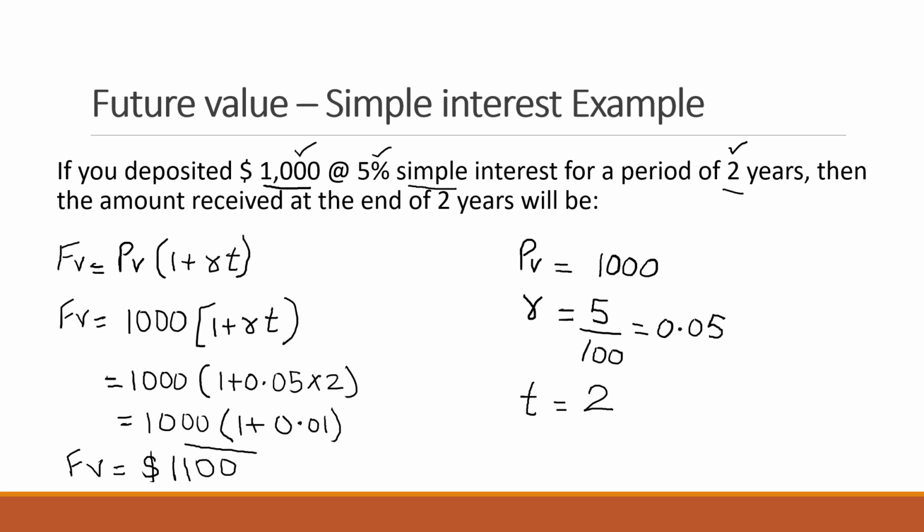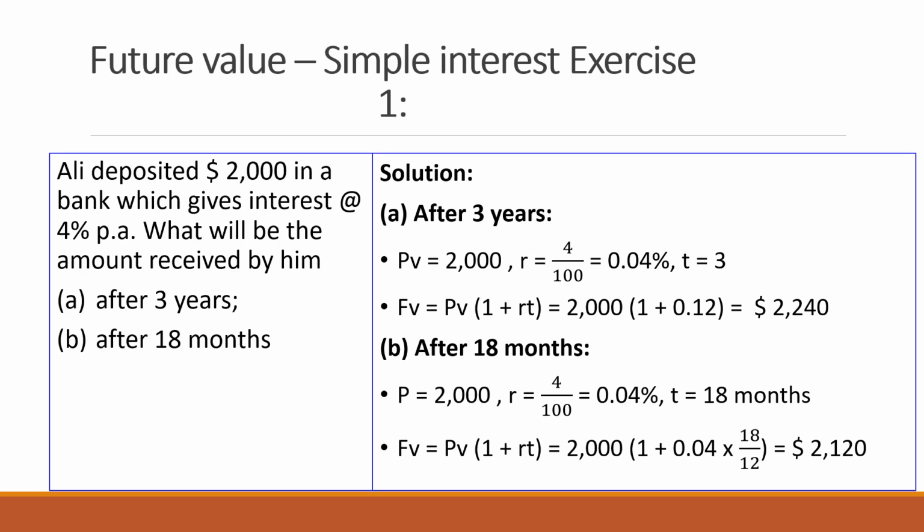So this is my future value, which means if I deposit $1,000 today at a simple interest rate of 5% for a period of 2 years, after 2 years I will receive $1,100. Is that clear? Similarly, we will take another exercise to understand it better.